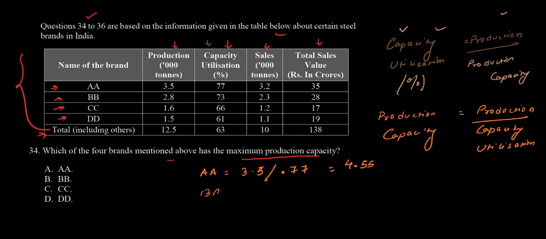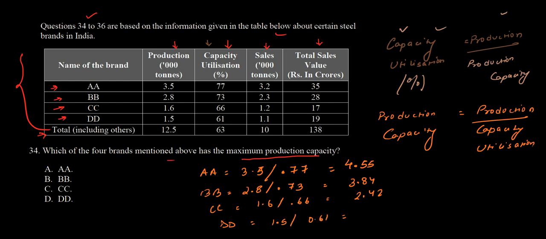In case of BB, we have 2.8 divided by 0.73, which gives 3.84. For CC, we have 1.6 divided by 0.66, which gives 2.42, and DD gives us 1.5 divided by 0.61, which is 2.46. Out of these 4, the maximum value is 4.55 for AA.